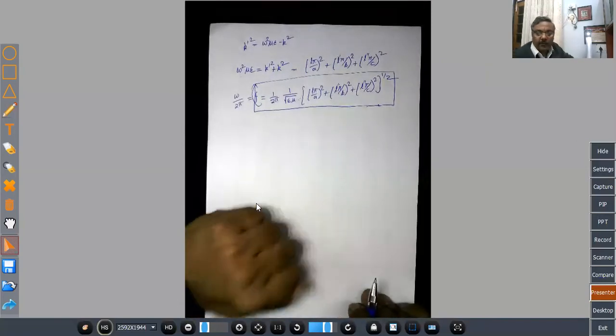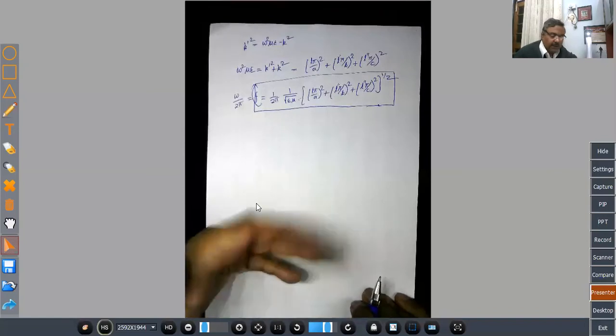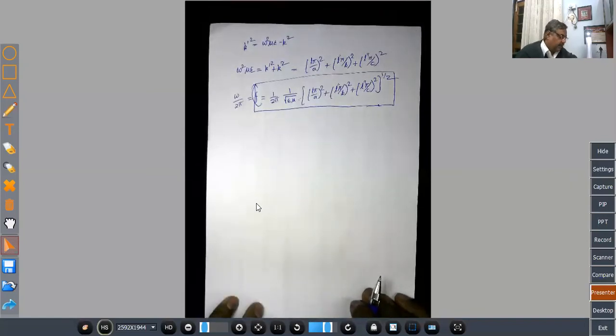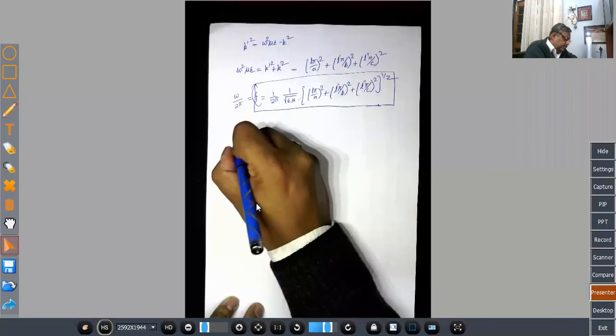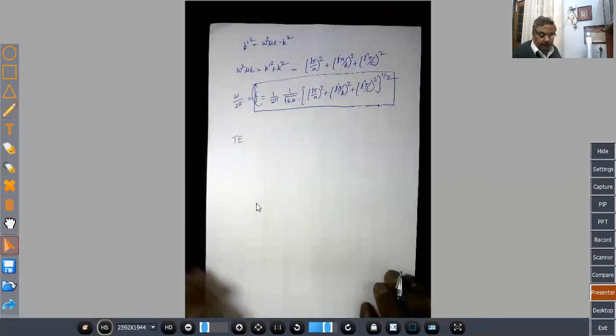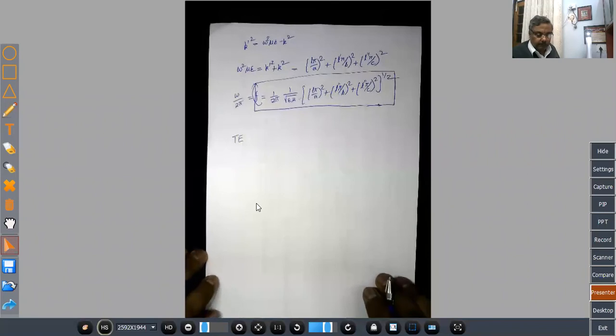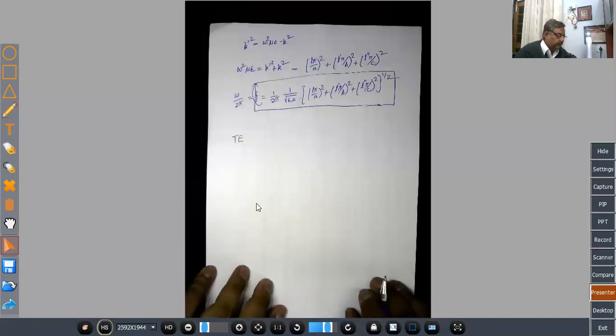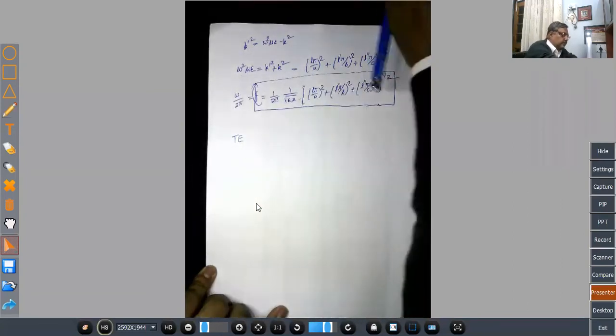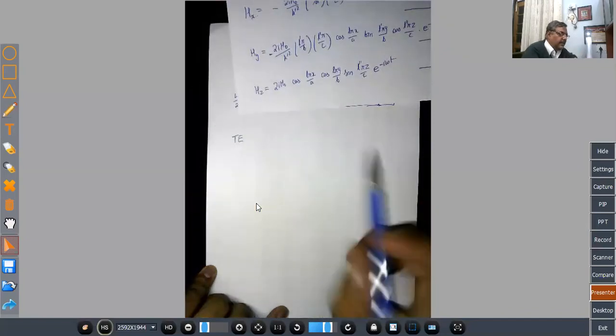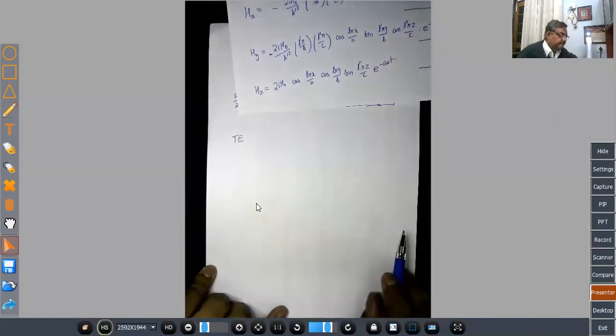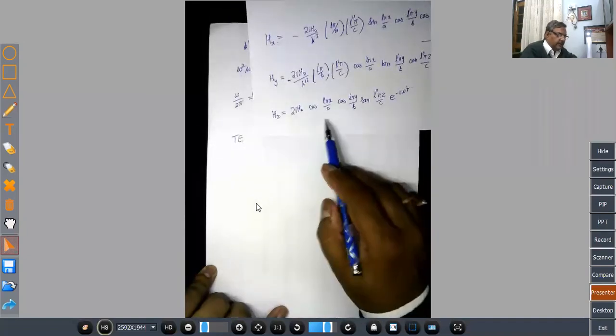This is the frequency of the cavity, or I mean cavity resonator. Now let us just observe this.